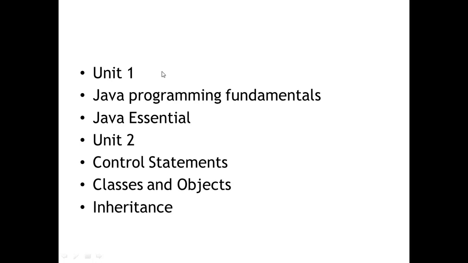In this topic, we will learn about comments, meaning multi-line comments and single line comments, and how to add those comments in our program. Then in unit 2, there will be control statements, classes and objects, inheritance.